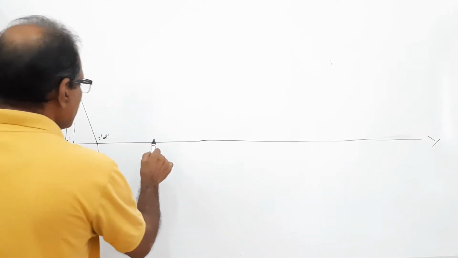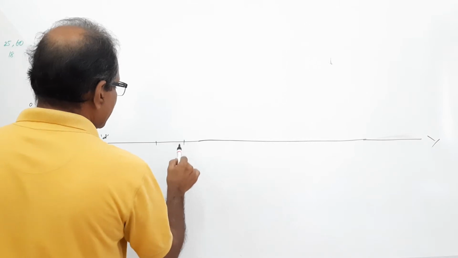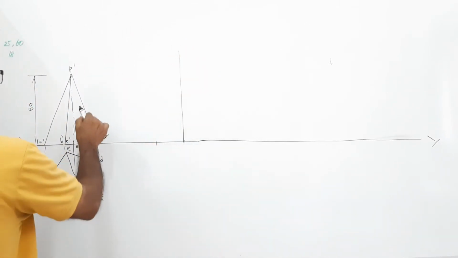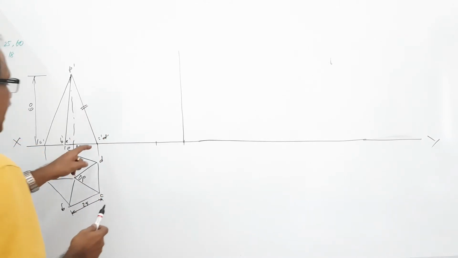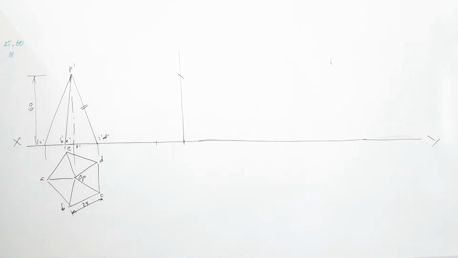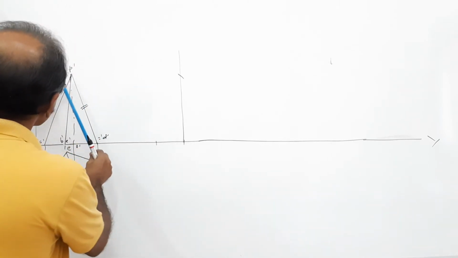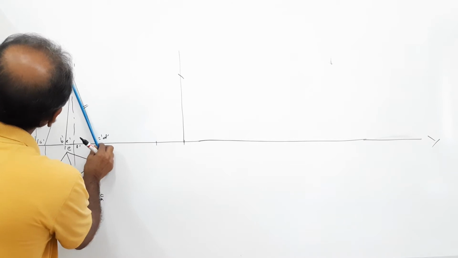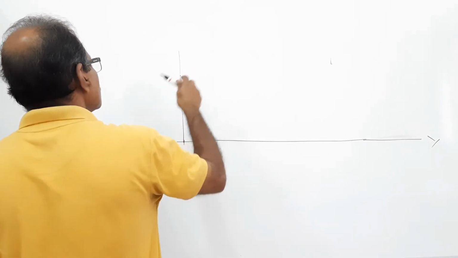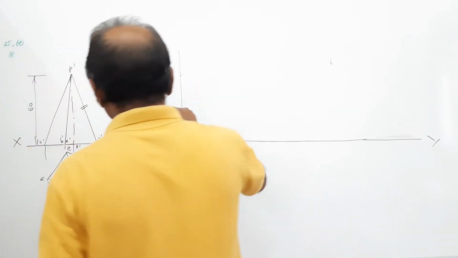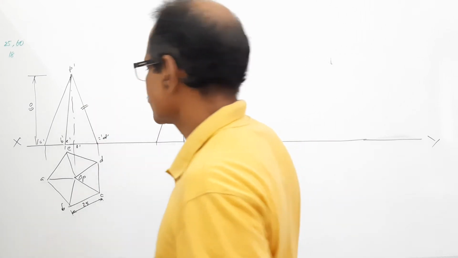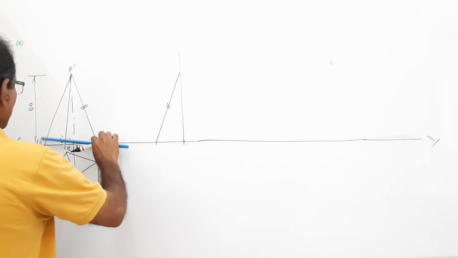Now, take any point on XY line, 18 mm away, take another point and draw a vertical line. Take this distance in your compass and this as center, cut an arc. What is that distance? This distance. Now, reproduce that elevation.